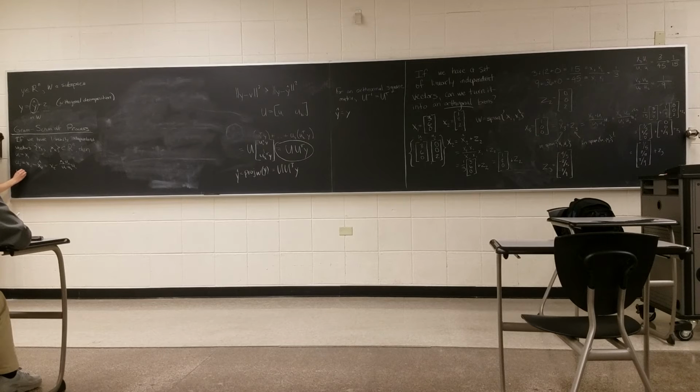U3 is equal to x3 minus x3 hat, which is x3 dot u1 over u1 dot u1 in the u1 direction, minus x3 dot u2 over u2 dot u2 times u2.